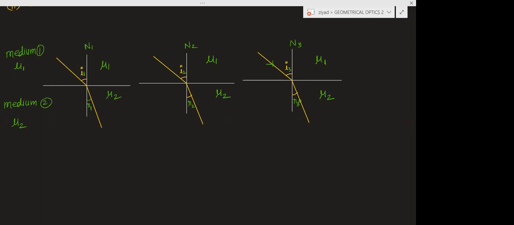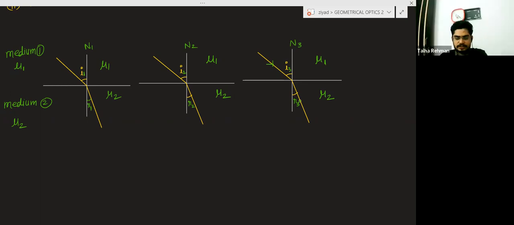When you calculate for these incidences, sine of I1 divided by sine of R1 will be equal to sine of I2 divided by sine of R2.